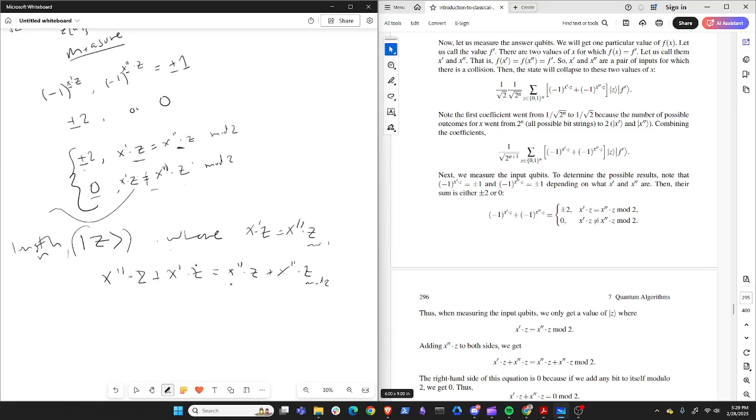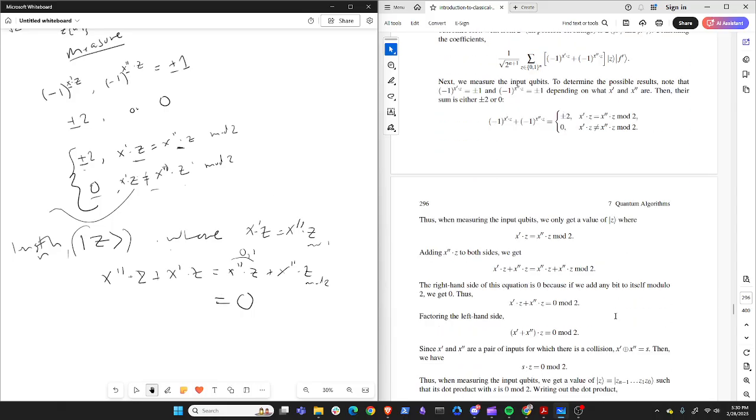So if we add any bit to itself, remember this dot product results in either 0 or 1. So regardless, 0 plus 0 mod 2 is going to be 0. 1 plus 1 is 2, mod 2, that leaves us with 0 here on the right hand side.